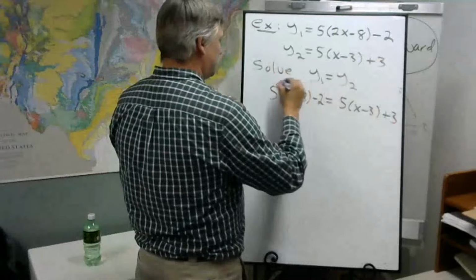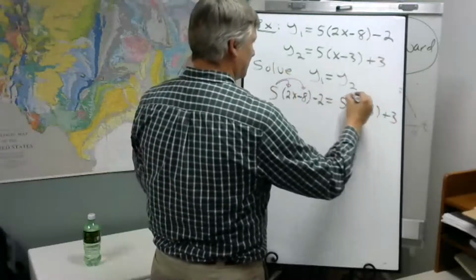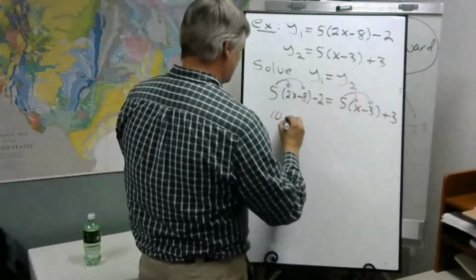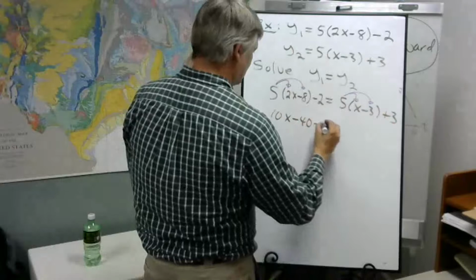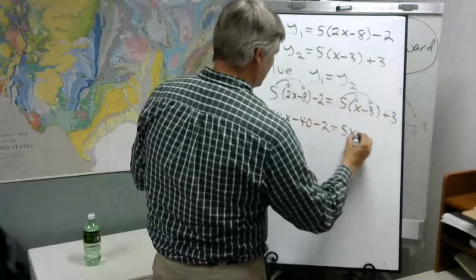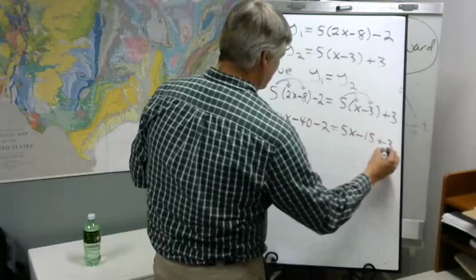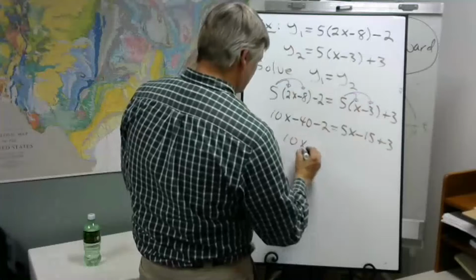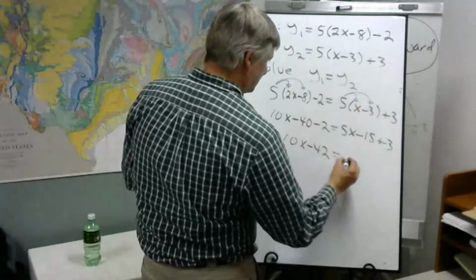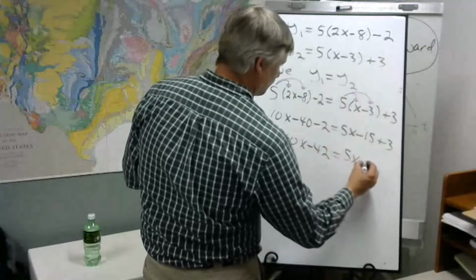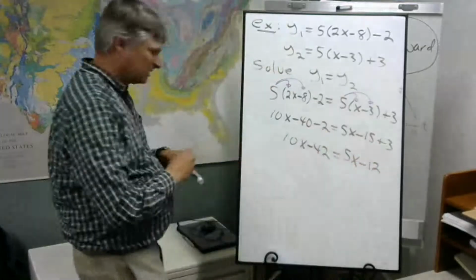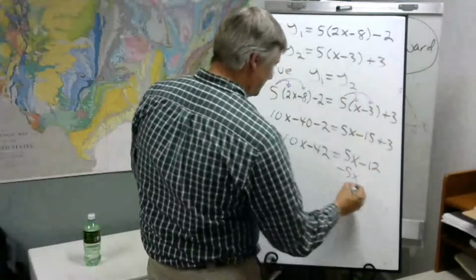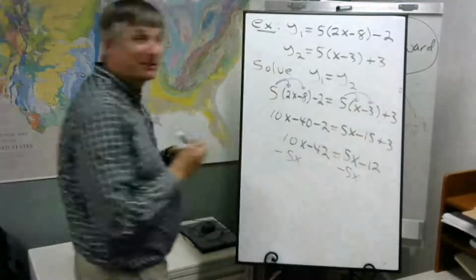So we'll be distributing these 5s. Combine like terms. Get x's on one side. So we'll cancel that 5x by subtracting 5x.